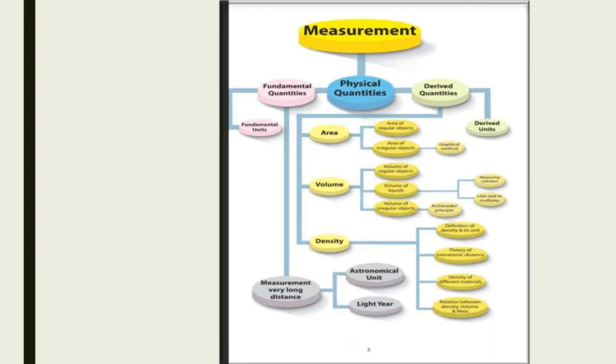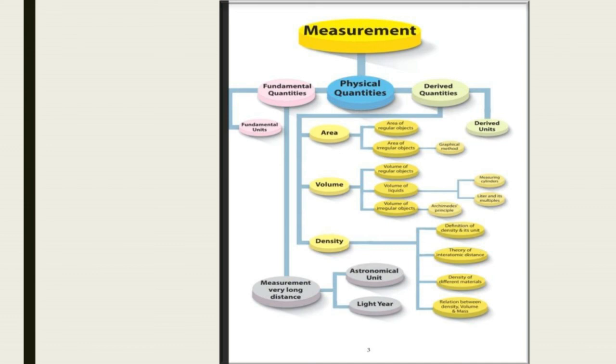In this lesson, measurement, we have learned the physical quantity and its classifications, fundamental quantities and derived quantities and their units. In derived quantities, we have learned area, volume and density. In area, we have learned area of regular objects and area of irregular objects. In volume, we have learned volume of regular objects, volume of liquids and volume of irregular objects.